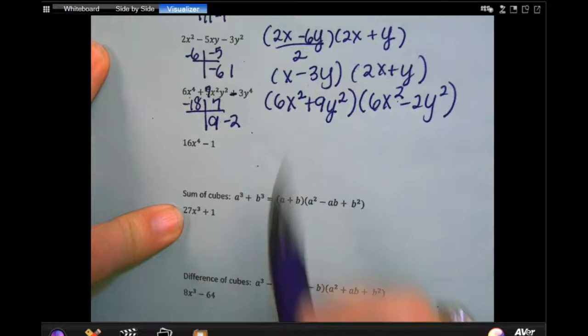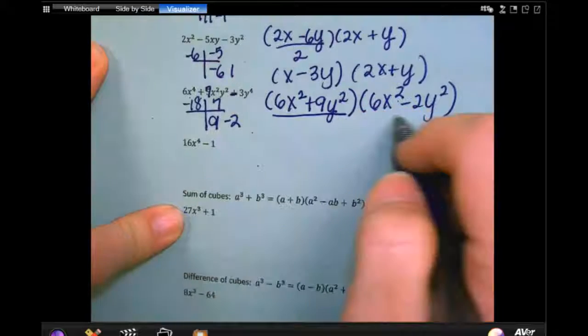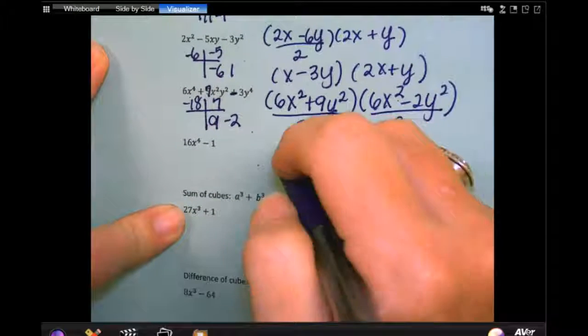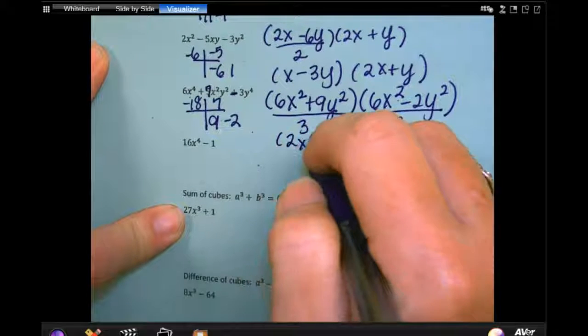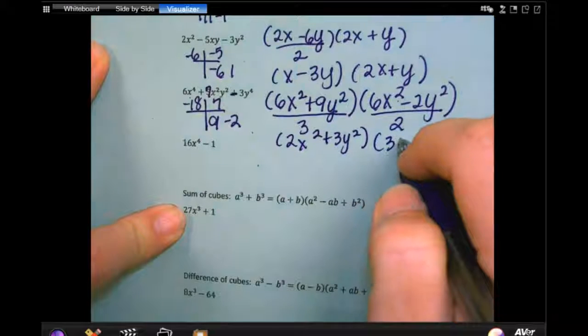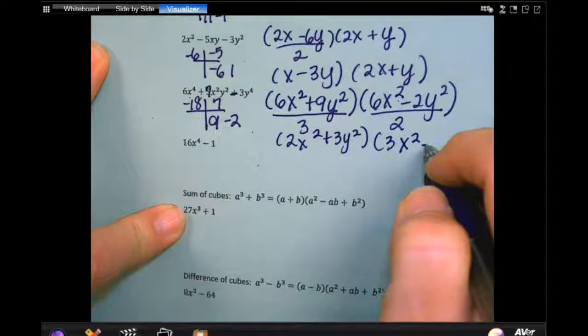Can the first one reduce? By 3 and the second one by 2. So I'm going to get 2x squared plus 3y squared times 3x squared minus y squared.